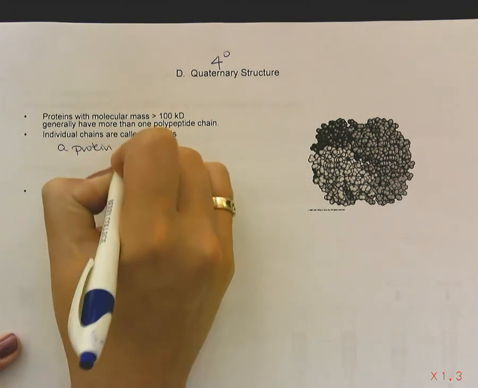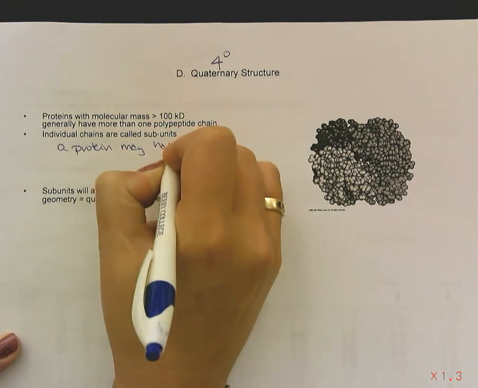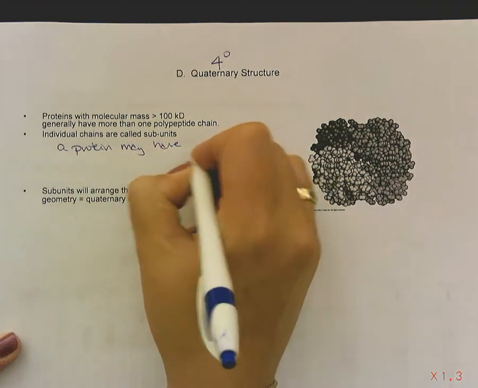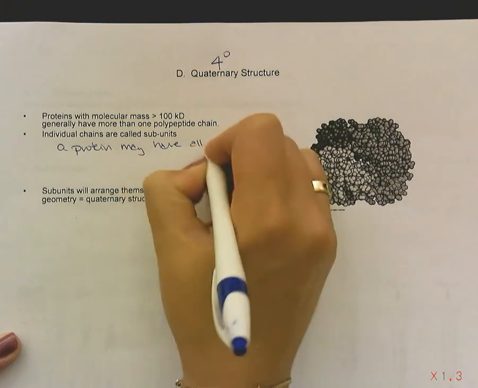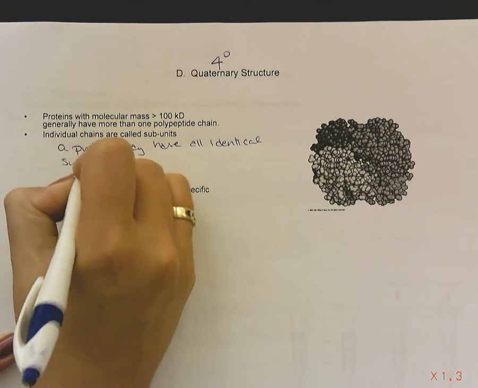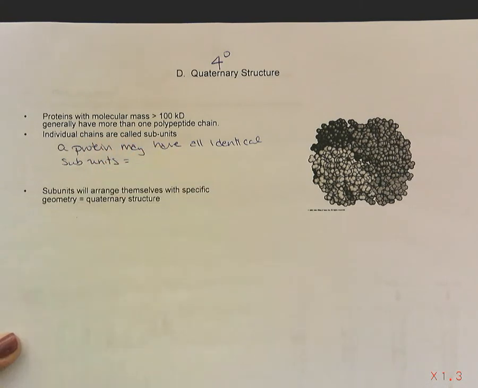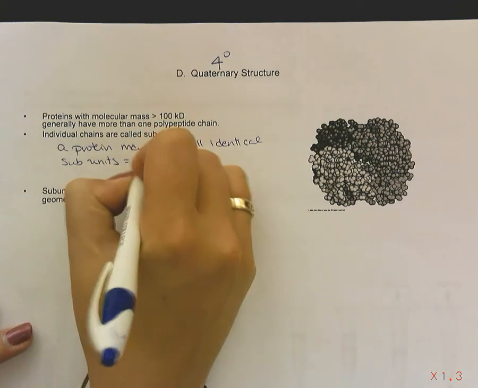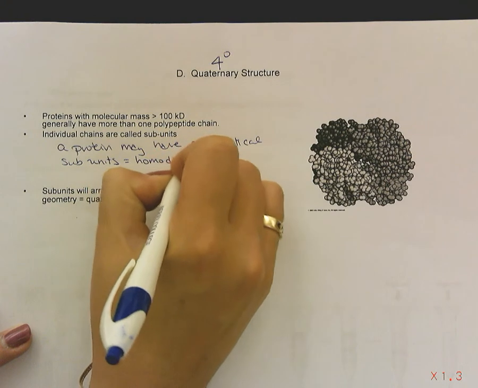So a protein may have all identical subunits. If they're all identical subunits, that is a homodimer.